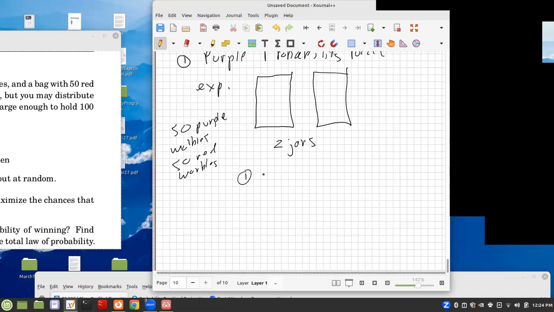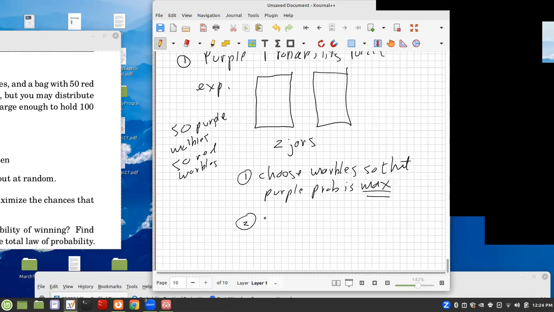One, you choose how to place the marbles so that the probability of the event that you draw a purple marble is maximized, the maximum possible.